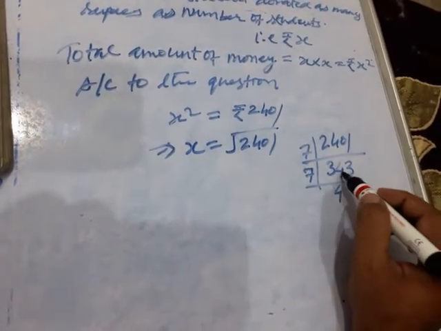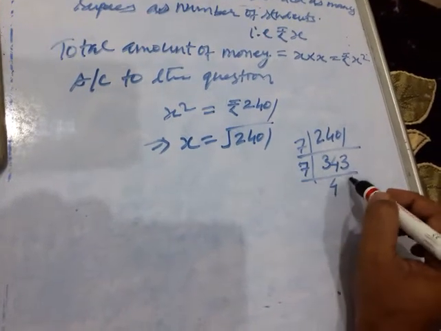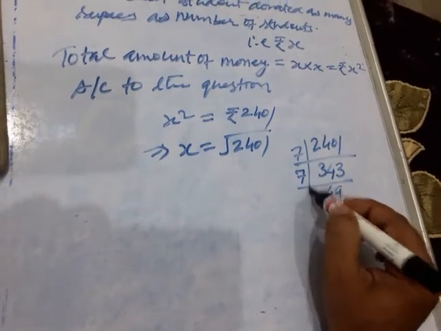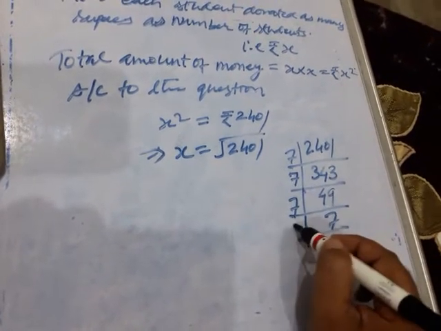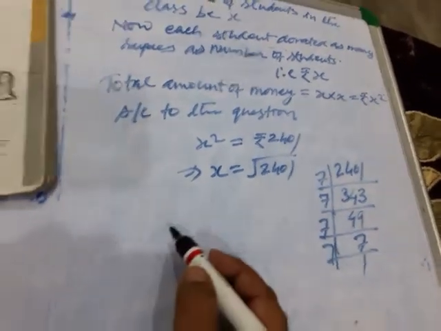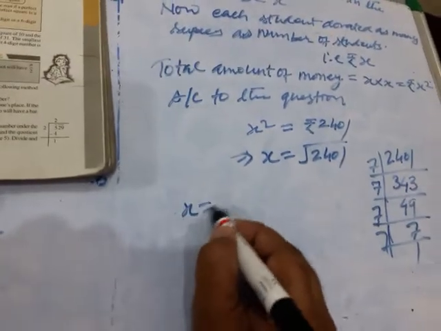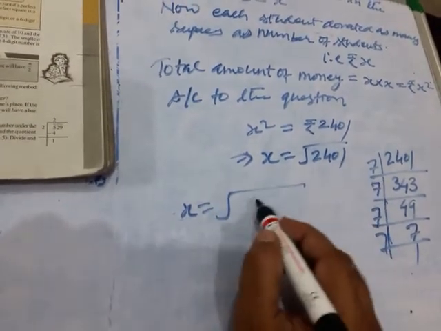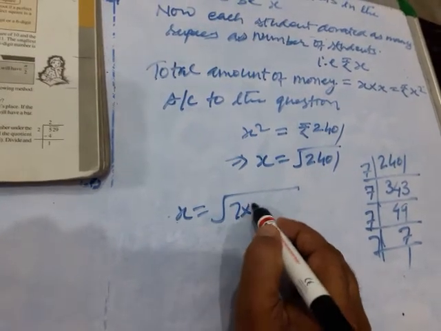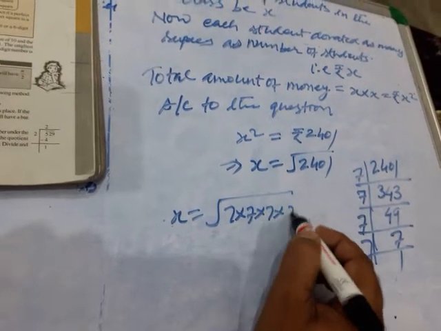Then 4 plus 2 equals 6, 6 is the remainder, and so 7 nines are 63. Okay children, here again 7 sevens, and 7 into 7 is 7. So 2401's prime factorization is 7 into 7 into 7 into 7.